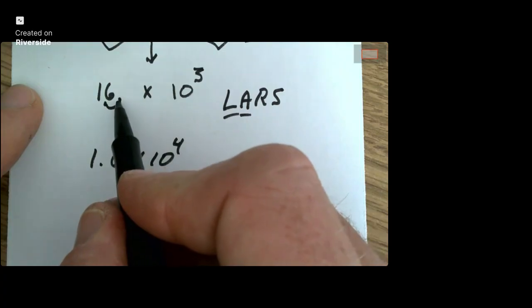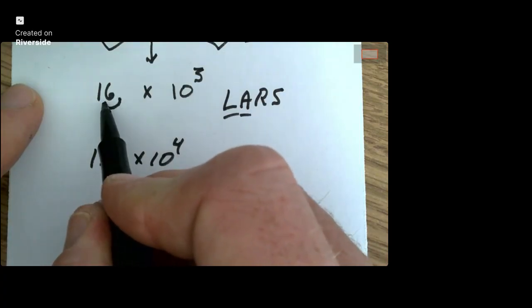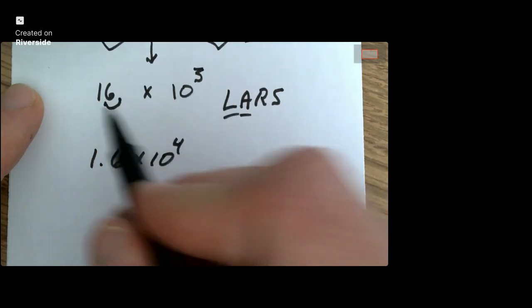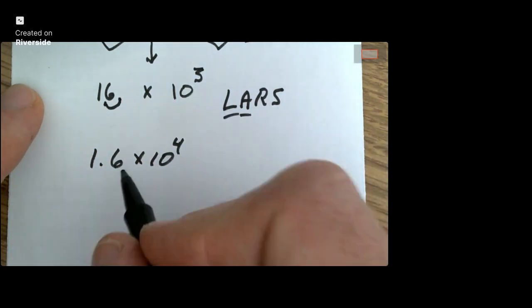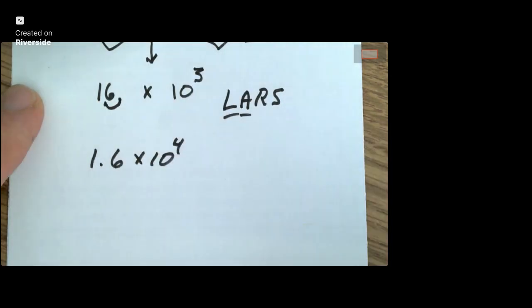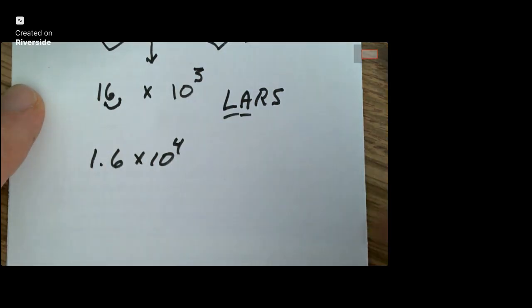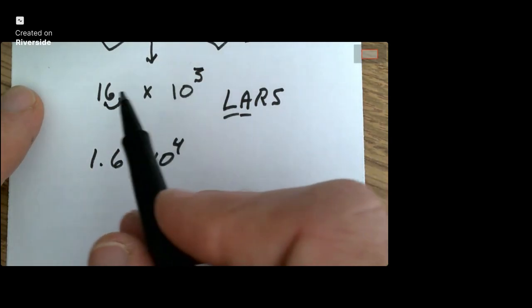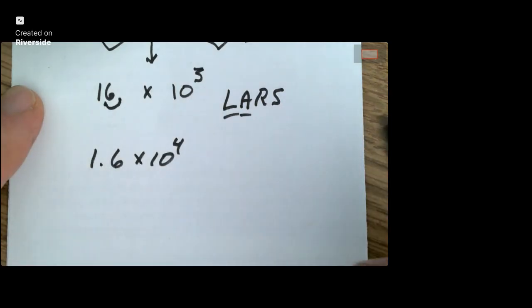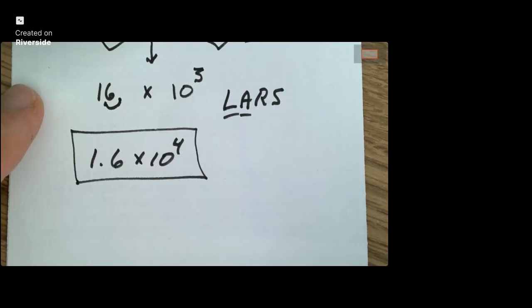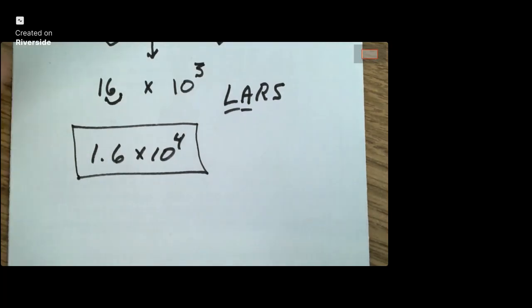So we moved it left once, so we add however many times we move the decimal point to that exponent. So we moved it left once, we got to add once. So 1.6 times 10 to the fourth is actually the exact same answer as 16 times 10 to the third. It's just this answer is truly in scientific notation. So that's one we'll leave for our final answer.